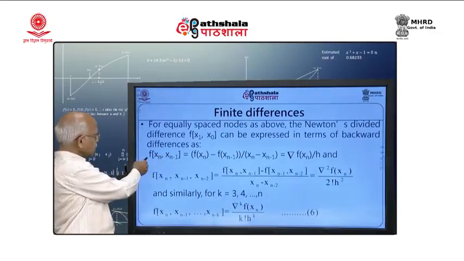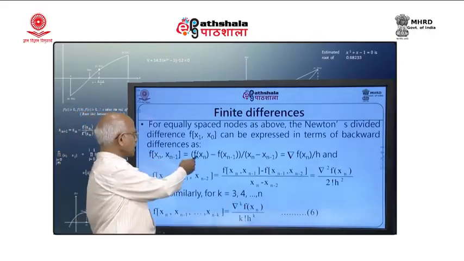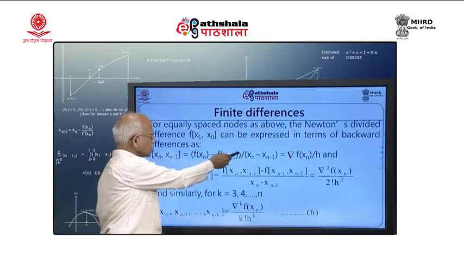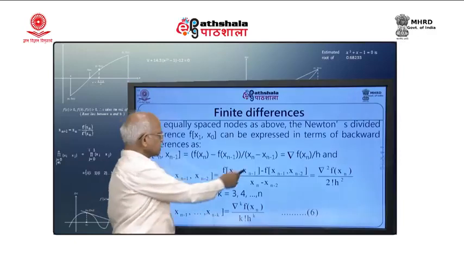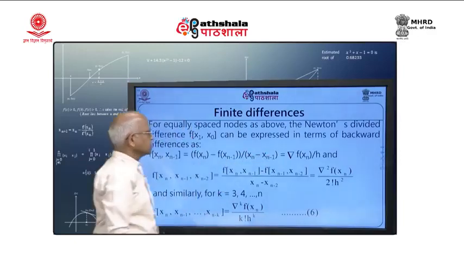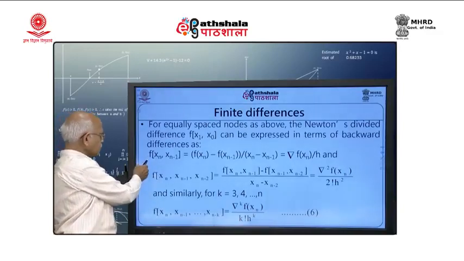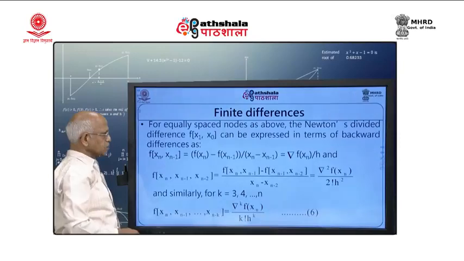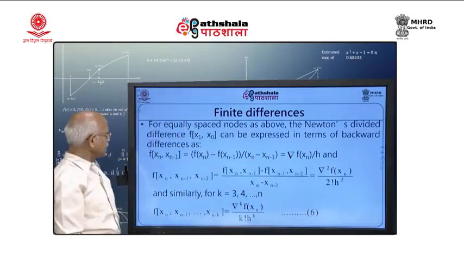So, we are considering the divided difference of f over x_n and x_(n minus 1), which is given by f(x_n) minus f(x_(n minus 1)) divided by x_n minus x_(n minus 1), but this is your h and this is nothing but del f(x_n). So, the divided difference of f over x_n and x_(n minus 1) is given by del f at x_n divided by h.